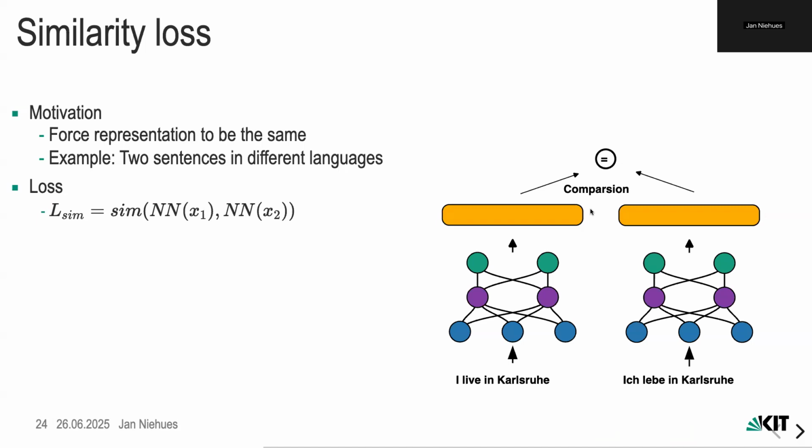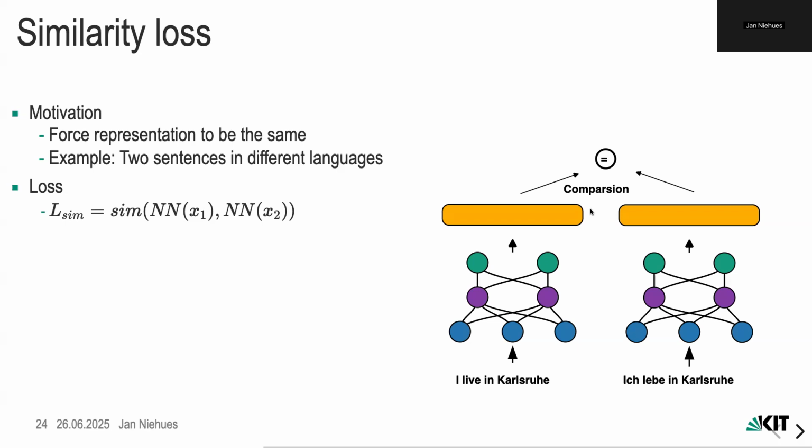We have these two, and then we compute the similarity, and the similarity should be as high as possible, or if it's a distance, as low as possible. And we're directly optimizing that. That is the straightforward way. We say the similarity should be very high, or if it's a distance, we say it should be 0, and then we're optimizing them to be very, very similar.